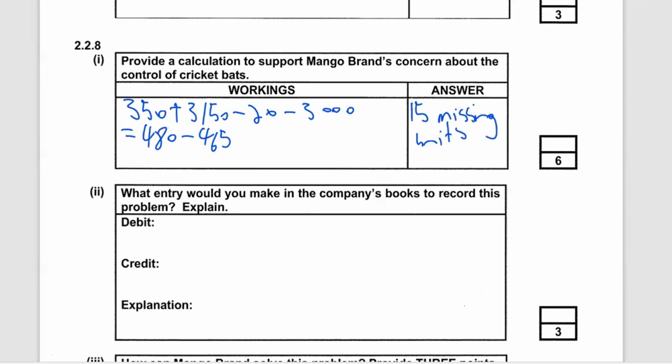What entry would you make in the company's books to record this problem? So now, the account debited is going to be our loss due to theft. Loss due to theft because it's our expense. That's why it's debited. We can also debit trading stock deficit, which is a shortage of our stock, which is also an expense.